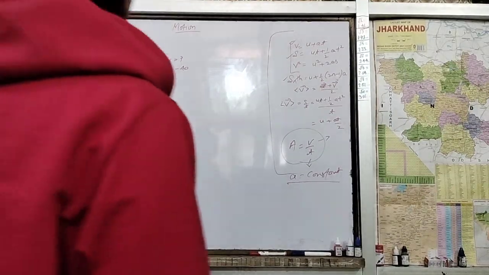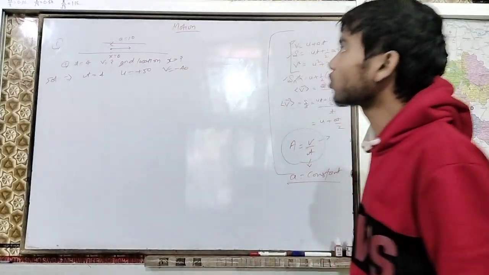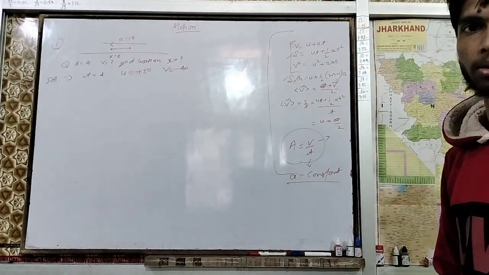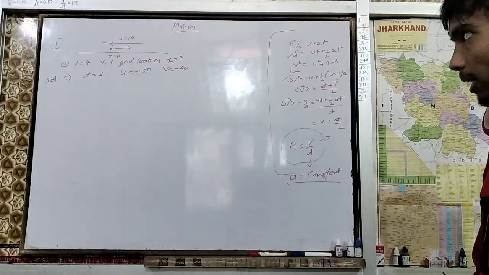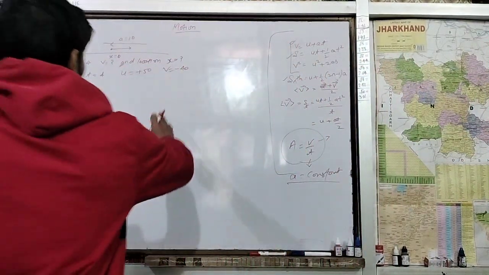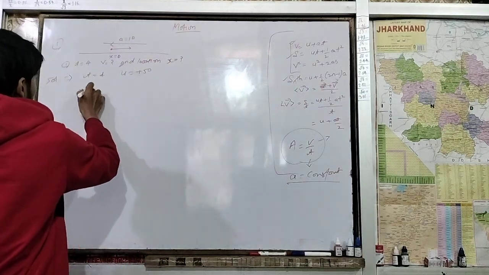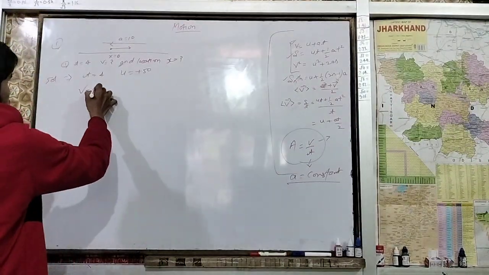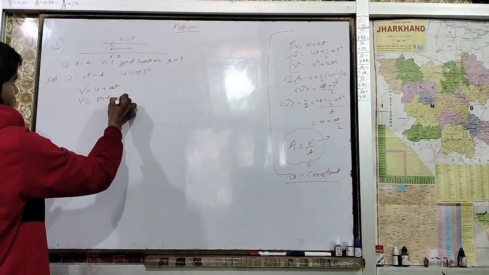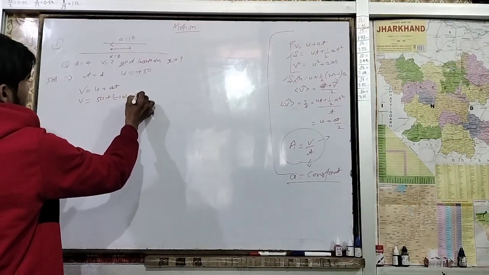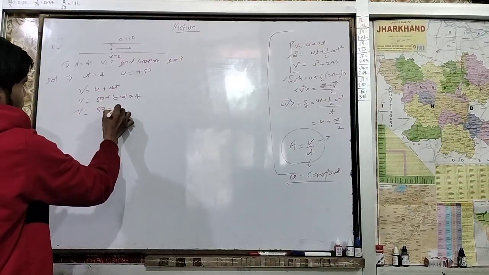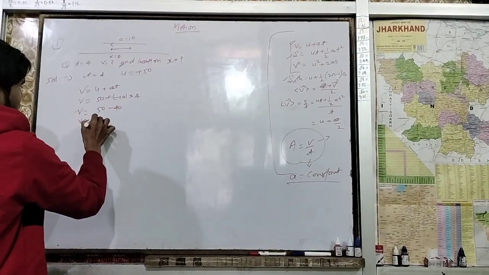Now our question is t is 4, v is to find, location is not given, but t is given, u is given, which is 50, and let's find v. So v is u plus at. U is 50, a is minus 10, and t is 4. Our result would be 50 minus 40. So v is 10.